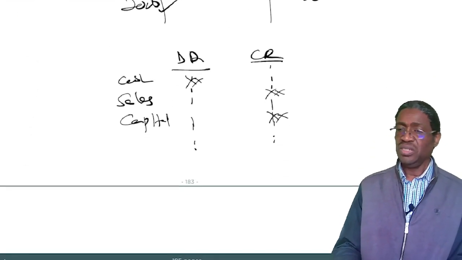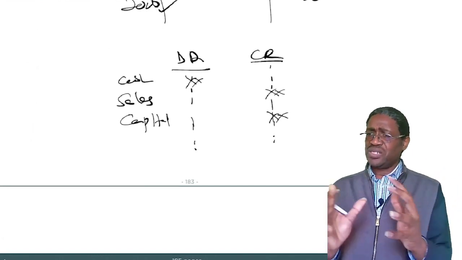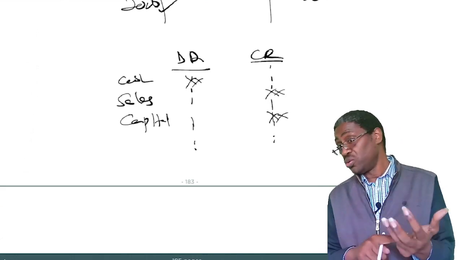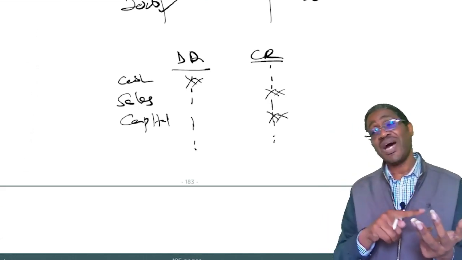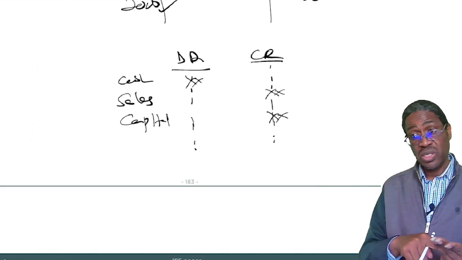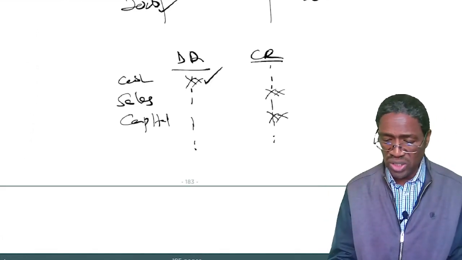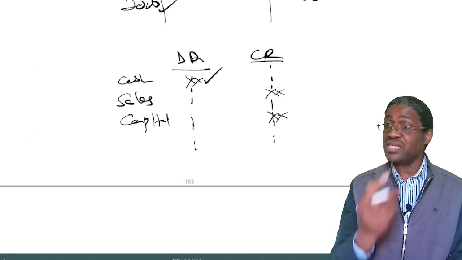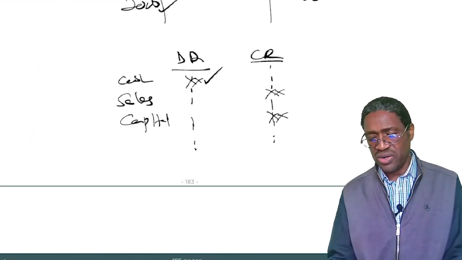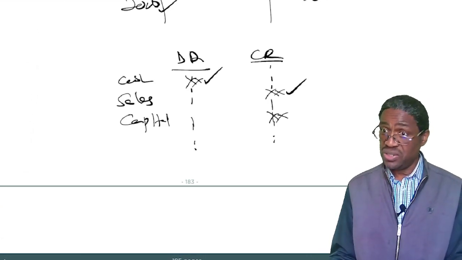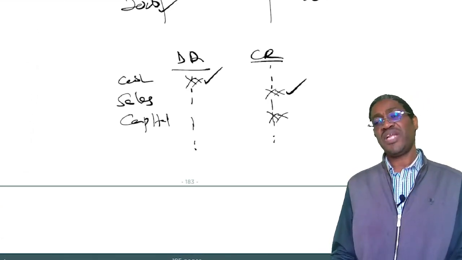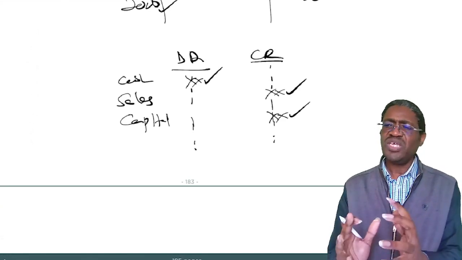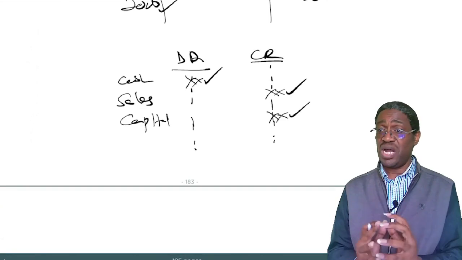Once you transferred the balances of the ledger accounts to the trial balance, if an item has a debit balance in the account, we normally put it on the debit column of the trial balance. If an item has a credit balance in the account, we normally take it to the credit column of the trial balance. That is something you should know, like capital, which is a credit balance. So by the end of the year, you normally extract a trial balance.